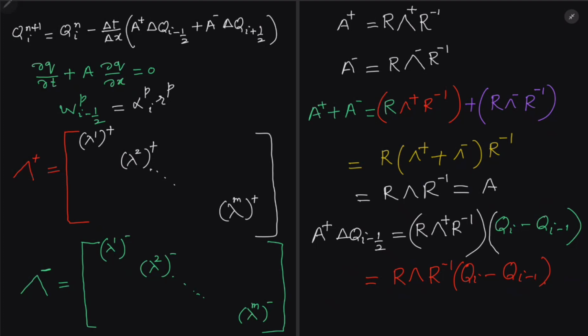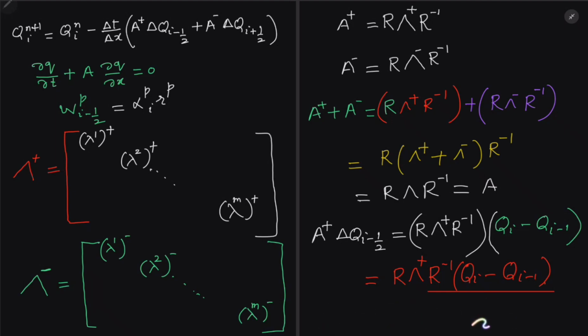So we remember that R inverse Qi will be equal to some quantity that I will write over here. What was that? We already saw that Qi minus Qi minus 1 was equal to alpha and some R, right?